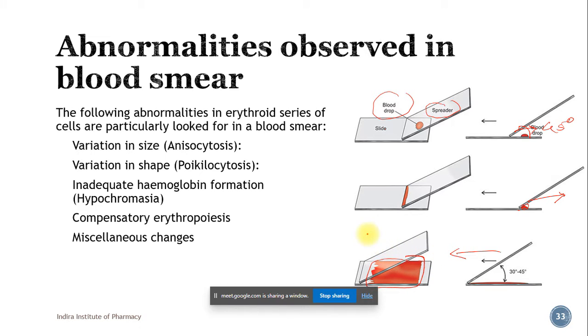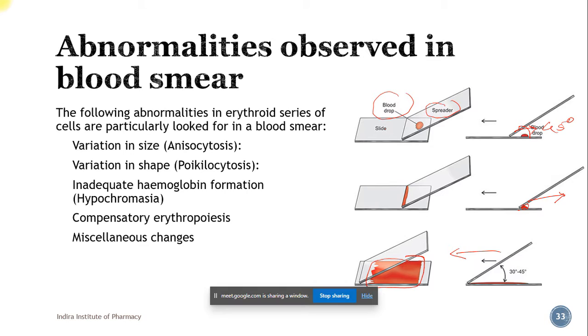This is the blood smear or blood film, and you let it dry and apply any of the stains mentioned in the last slide, and then observe the slide under the microscope. Depending on the morphological features of the red blood cells, you can identify what type of anemia it is.